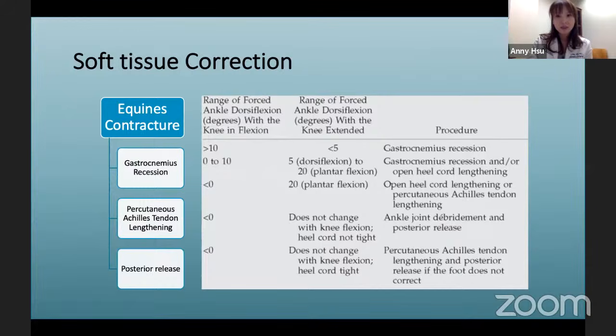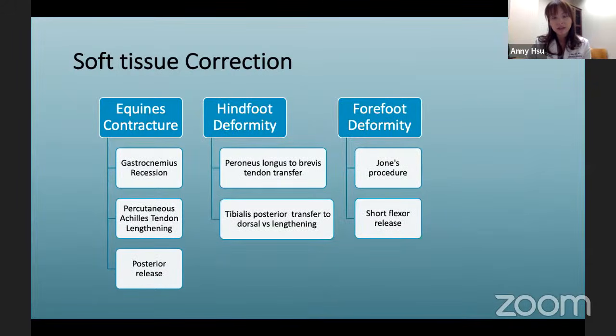The other thing to keep in mind for soft tissue correction is breaking down the cavovarus deformity into hindfoot and forefoot portions. So for the hindfoot portion, I think about the cavovarus foot being driven by a very strong inverter and very weak everters.